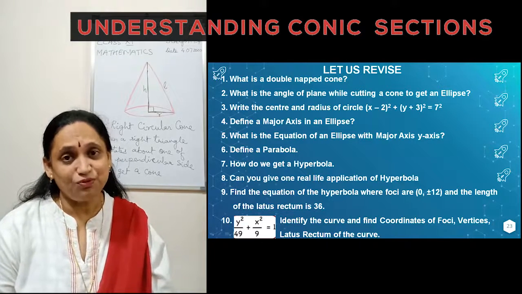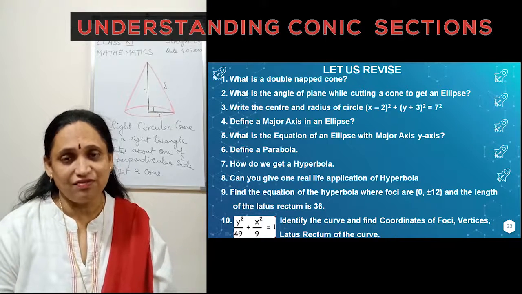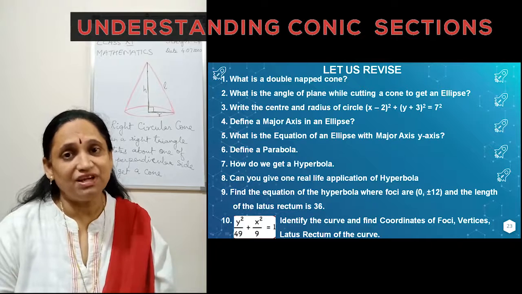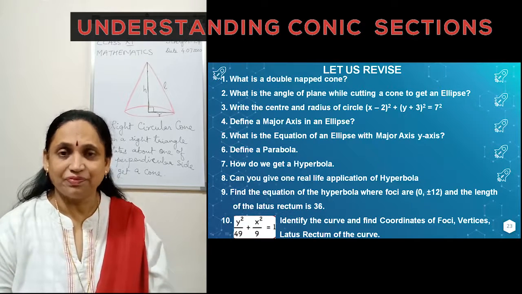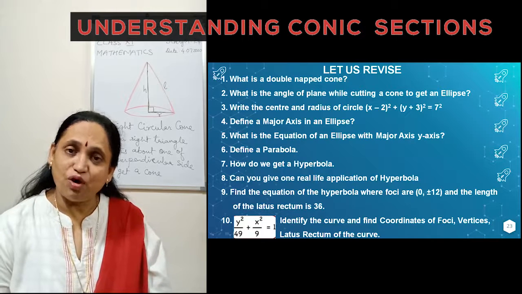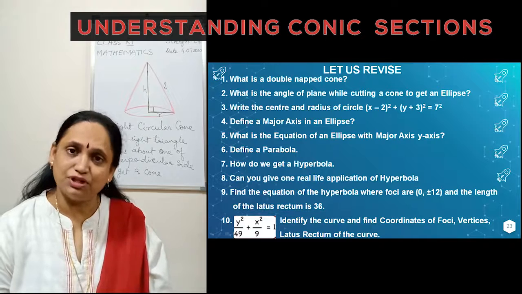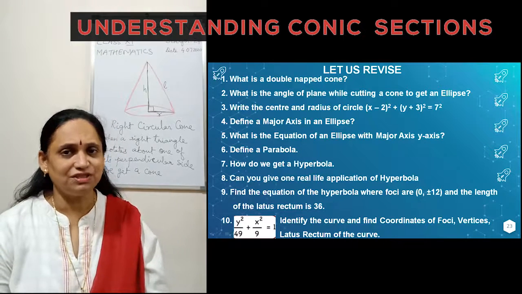Yes, let me tell you once that these conic sections are very useful in life and they have many real life applications. Circle is used everywhere. Ellipse, our planets, they revolve around the sun in an elliptical orbit with sun at the focus, and there are many other real life applications.